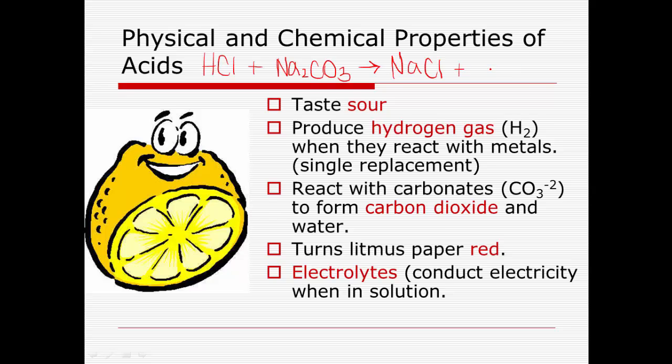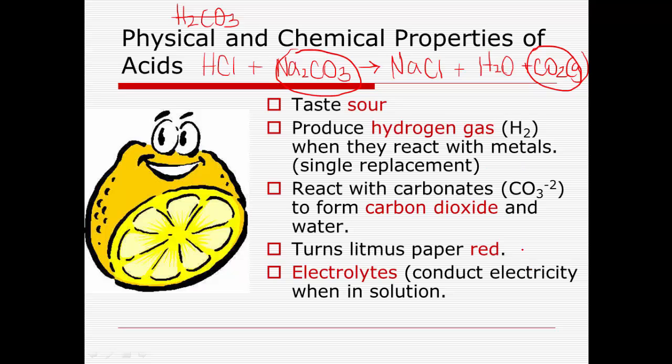But then the other substance that we get, I'm going to write it off to the side, when you get hydrogen with carbonate, you get H2CO3. But we've learned that that decomposes upon formation, so we don't write it. It forms water and carbon dioxide gas. So when an acid reacts with a carbonate compound, it produces carbon dioxide gas. So acids with different chemicals can produce some gases.